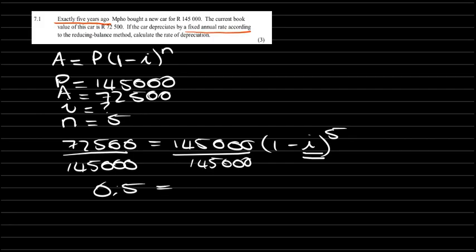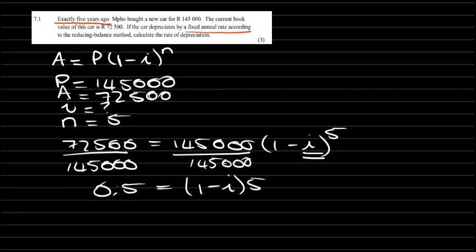This is equal to (1 minus i) to the power of 5. Okay, we're closer. Let's make it as clean as possible.